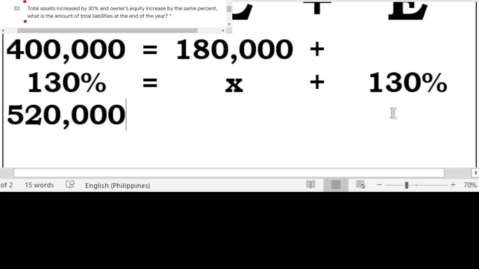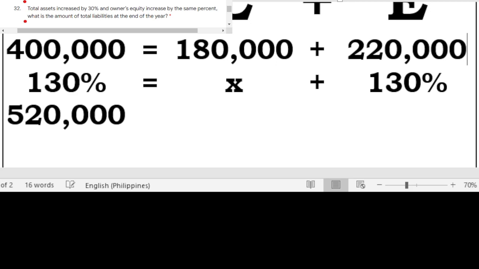And then the equity, which can be computed. So let's just compute the equity. We have 400 less 180, that is 220,000. So 220,000 multiplied by 130%, that is equal to 286,000. Now the question is, how much is the liability?